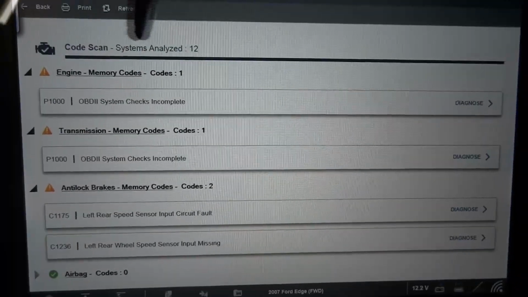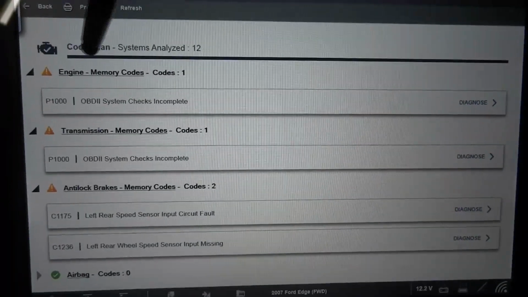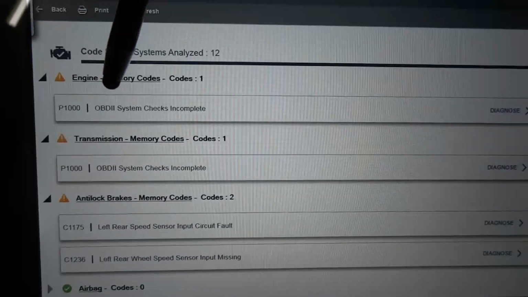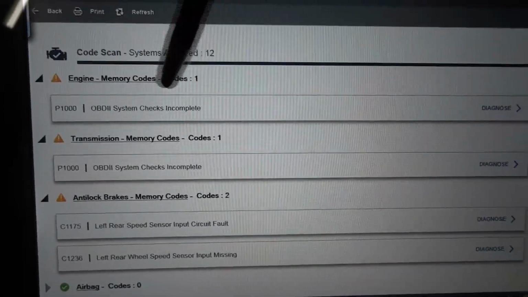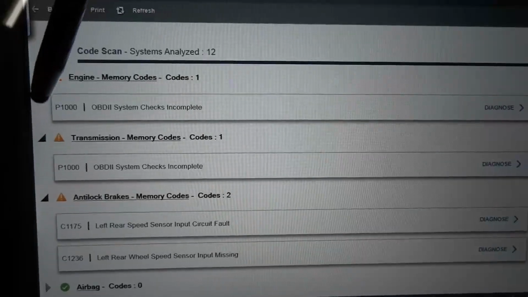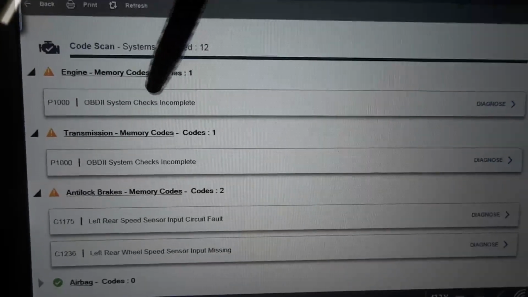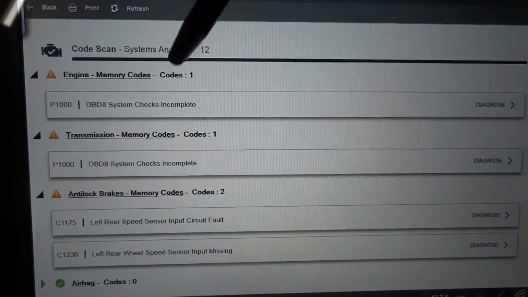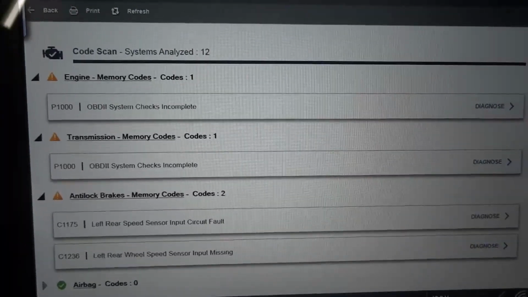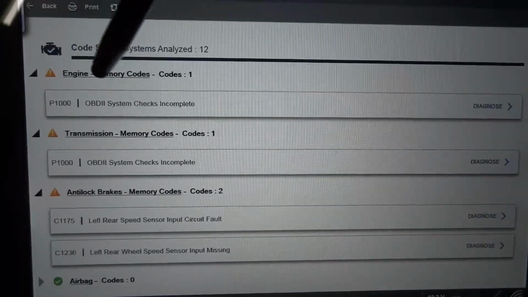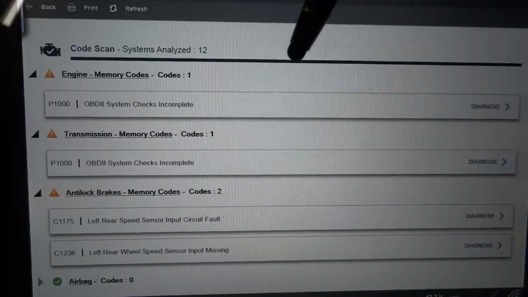We have one trouble code in the engine computer and the trouble code is P1000, OBD2 system checks incomplete. And it looks like the same trouble code is also set in the transmission control unit. Now, we're not gonna focus on this trouble code because we are here to fix what's causing the ABS light to remain on, and the check engine light is not even remaining on while the engine is running.